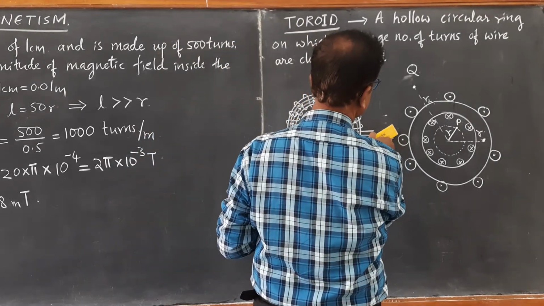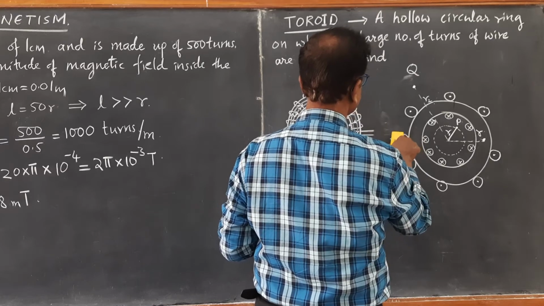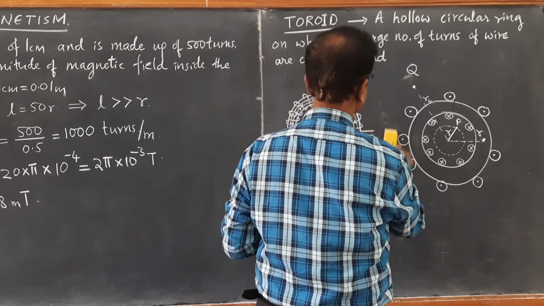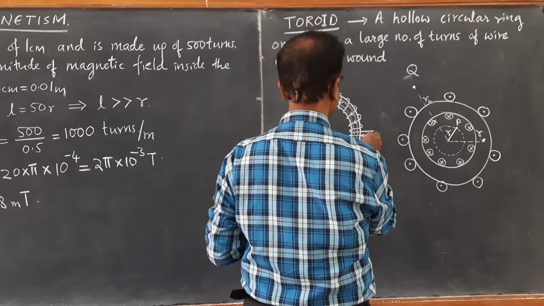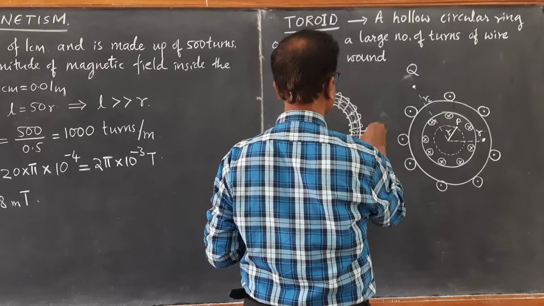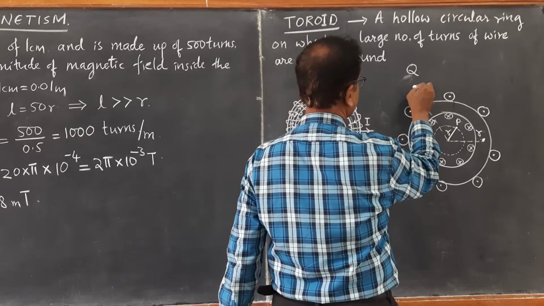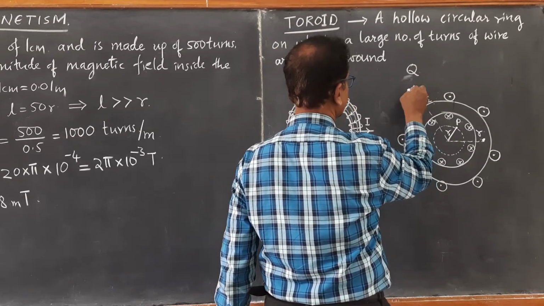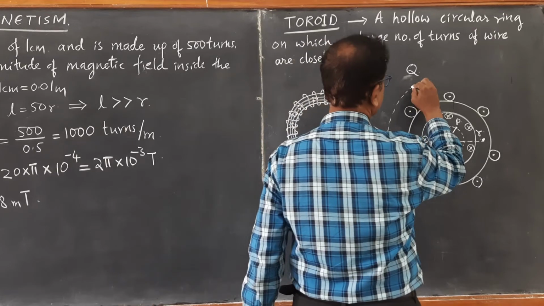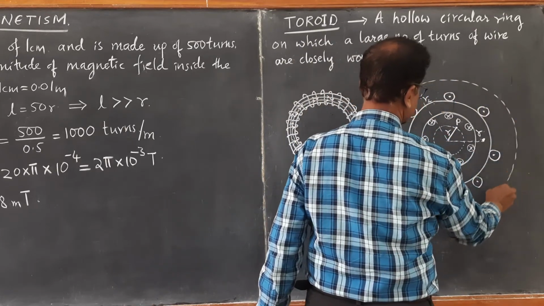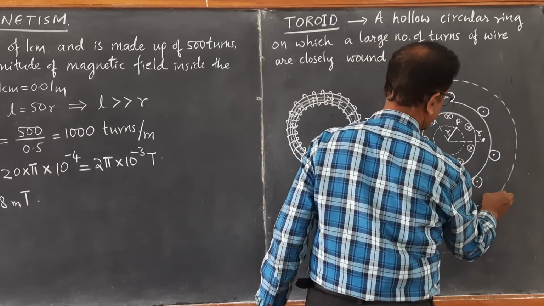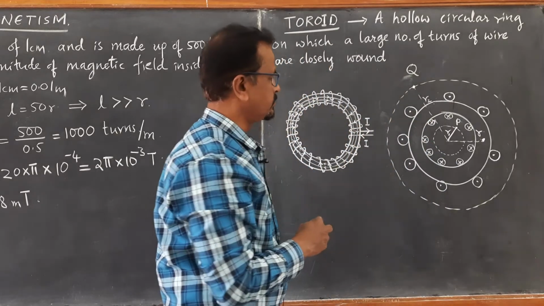To understand this, yes, this is the way current is entering and this is the way current is emerging out. Okay. Now, for this point Q, in order to enclose this point Q, I am drawing an Amperian circular loop of radius R2.